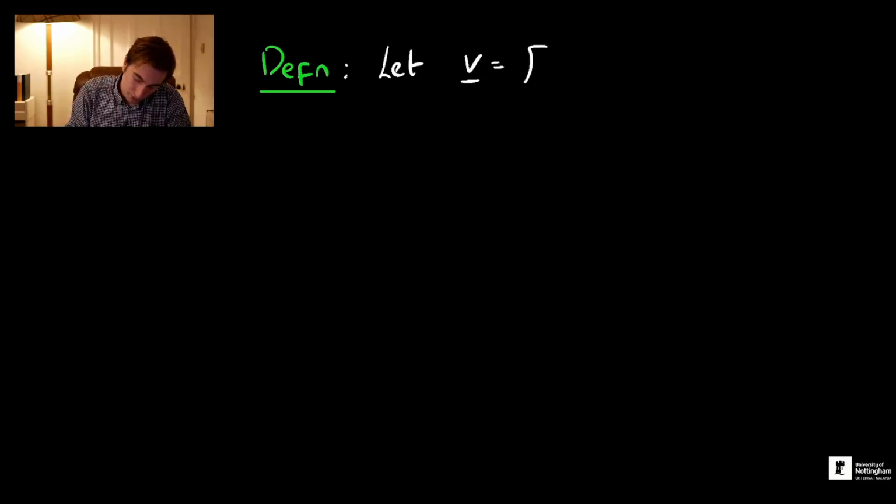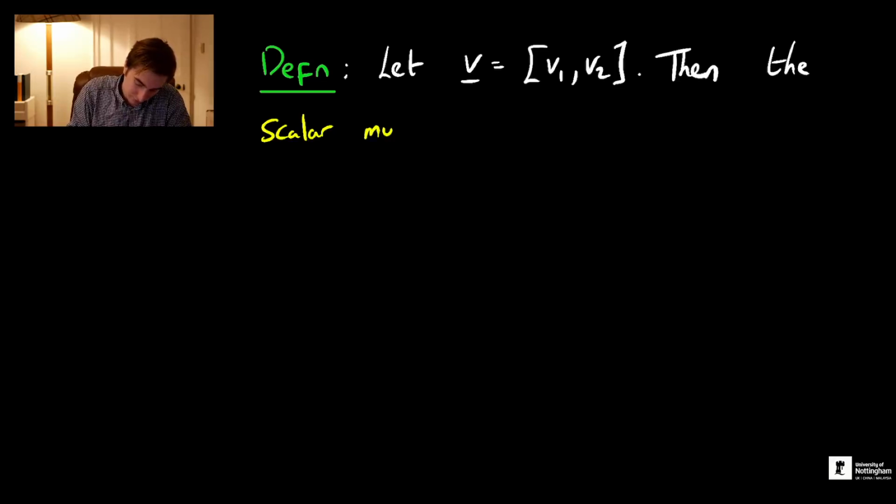So let's write down our definition first. Our definition goes something like the following. If we let v equal v1 comma v2, so it's just some coordinate representation of a vector, then the scalar multiplication of c, which we'll take to be a real number, and v is defined as the following. We can write c times v is equal to c v1 comma c v2.